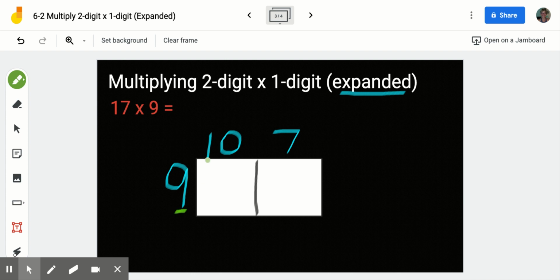After I break into expanded form is when I start to do my multiplication. Look for my basic fact. I have 9 times 1, which is 9. I have 1 zero. And I can make these little arrows, right? So 9 times 10 is 90. And now 9 times 7 is 63.